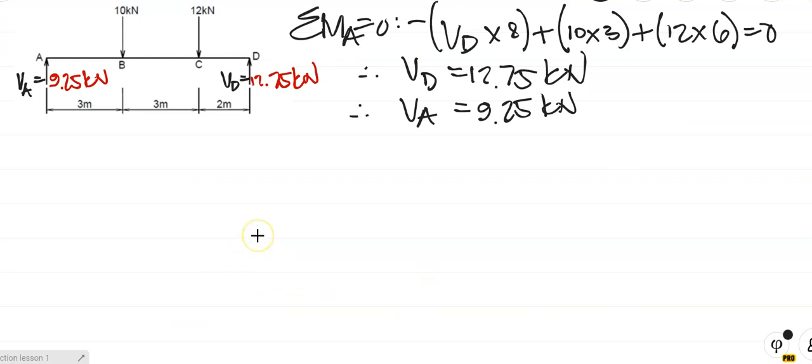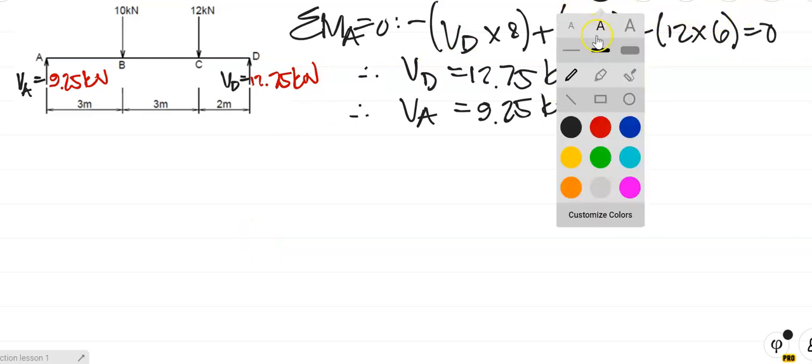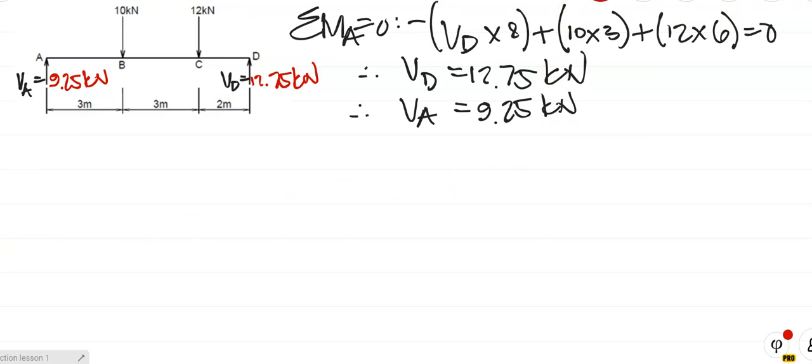What it means is this: x starts over there at the origin and gets bigger and bigger, and of course x goes from A all the way to D. All distances are measured in terms of x.